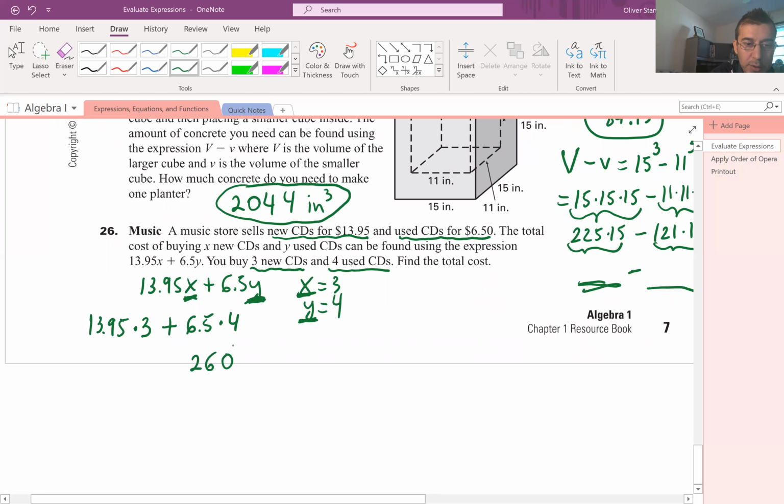So this becomes 26.0, and then 3 times 5 is 15, 5 and 1, 3 times 9 is 27, 28, 8 and 2, 9, 1 and 1, 4. So this becomes 41.85 plus 26, or the whole thing becomes 67.85, and this is the dollars, right? So that is correct. All right.